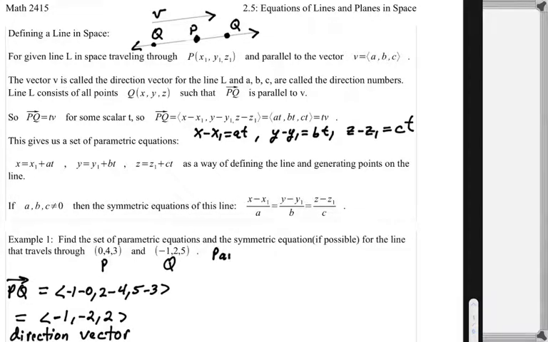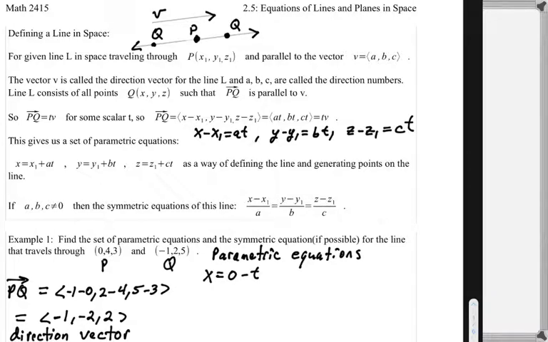Okay. So now we can form our parametric equation. Okay, so x is going to be equal to x1. So you can either use point P or point Q for your x1, y1, z1. It doesn't matter. I'm going to use point P, so the x1 would be 0.